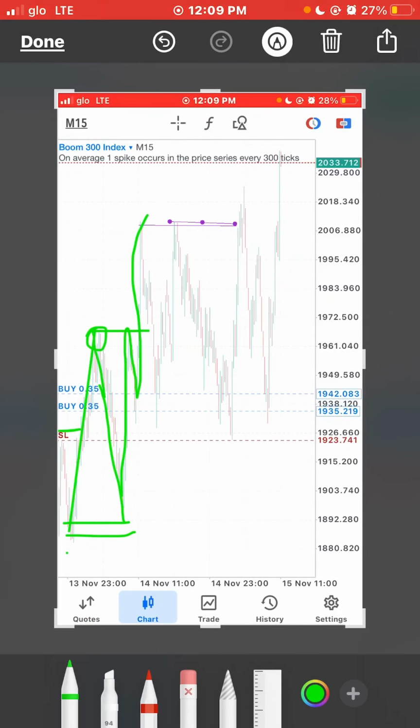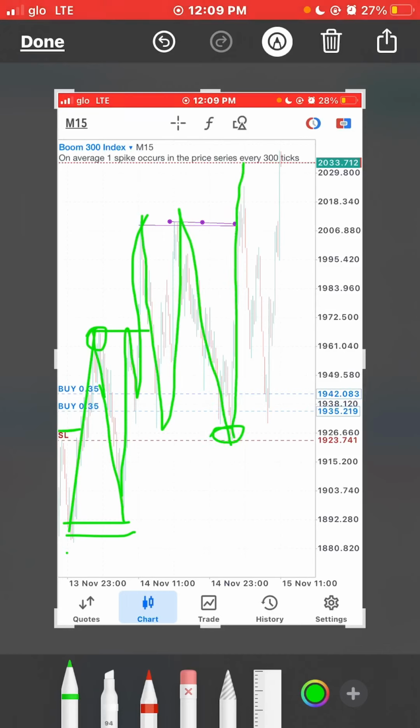It broke that previous high because the market is in a bullish condition. Then it pulled back again and went up again. Then it came down here again and pulled back before going higher, taking out these two previous highs. After doing that, the market came back down. When it got here, it made this inducement before coming down to the extreme zone.